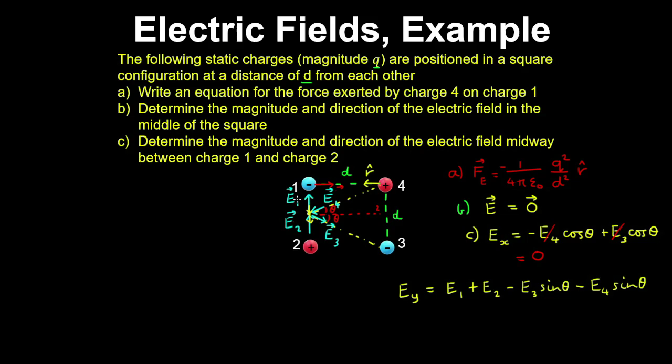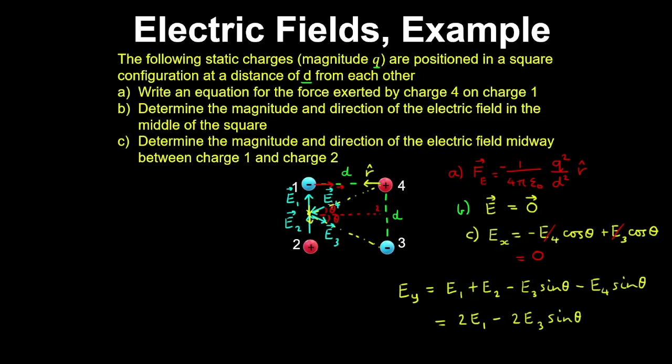So given that E1 is equal to E2, because the two charges are at the same distance from this point, we can write this as 2E1. And similarly, the magnitude of the electric field due to charge 3 and 4 is the same. So we have minus 2 E3 sine theta.